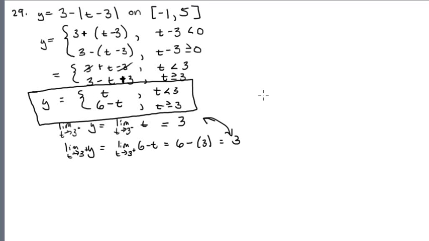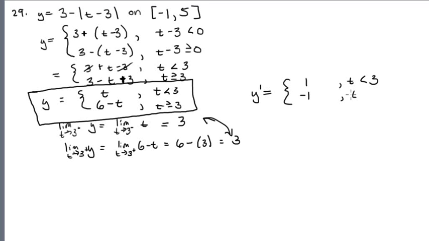So y prime is going to be equal to, in the first case, the derivative of t, which is 1, for all values t less than 3. In the second case, the derivative of 6 minus t: the derivative of 6 is 0, and the derivative of negative t is negative 1.